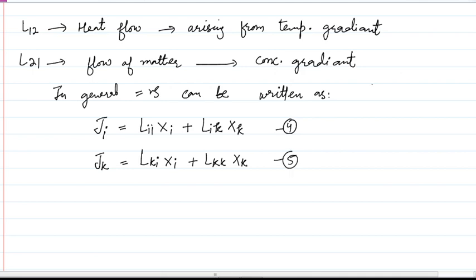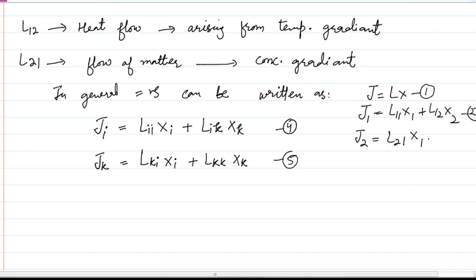That means what we have written is a general equation. The first equation was J is equal to L of X. This was our equation number one, and the second equation was J1 is equal to L11 X1 plus L12 X2. This was our equation number two, and J2 was equal to L21 X1 plus L22 X2. This was our equation number three.